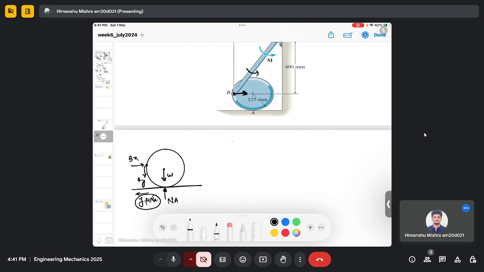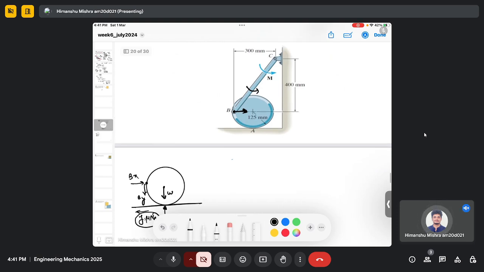In order to find this moment M which is exerted on this rod, when we make the free body diagram of the rod, there will be a moment M and these two reaction forces Bx and By.